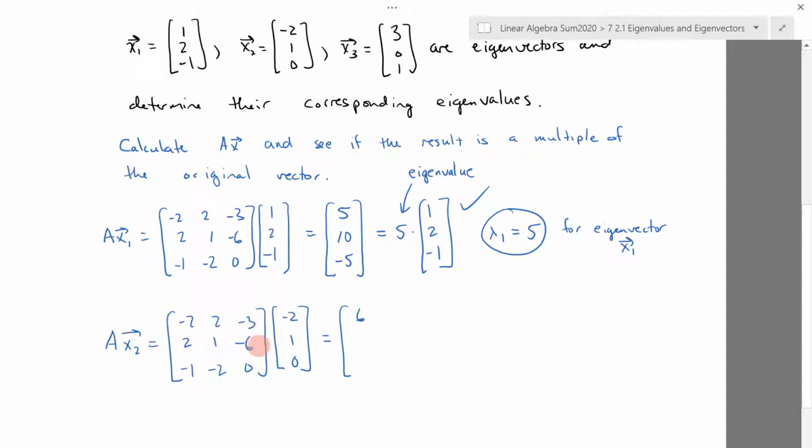Negative 4 plus 1 is negative 3 plus 0, so you get negative 3. 2 minus 2 is 0 plus 0 is 0. So this is the result. Now I compare to the original vector, and you can see that each entry is minus 3 times the original. So this also checks out, and the eigenvalue here is negative 3.